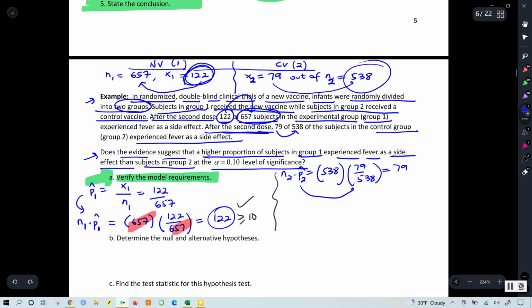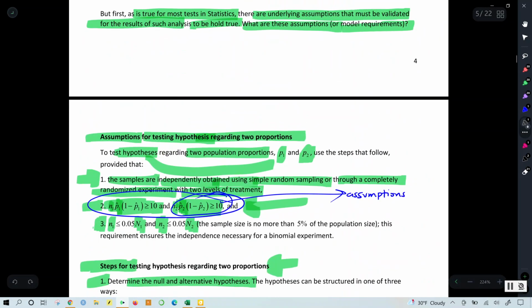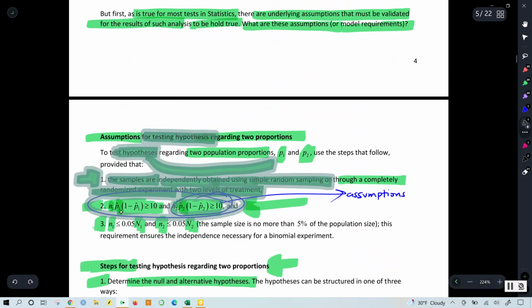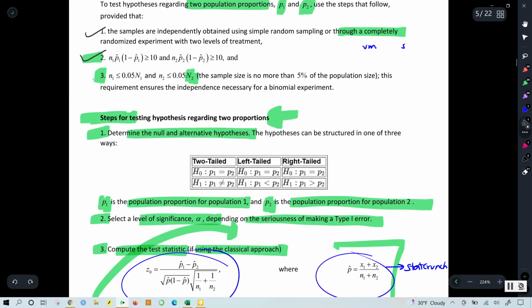And this gives us 79, which is also greater than 10. So, as far as we're concerned, requirement 2 is satisfied. That is, to take you back memory lane, let's erase this quickly. Requirement 2 is met. Then, we are also told that the samples are independently what?